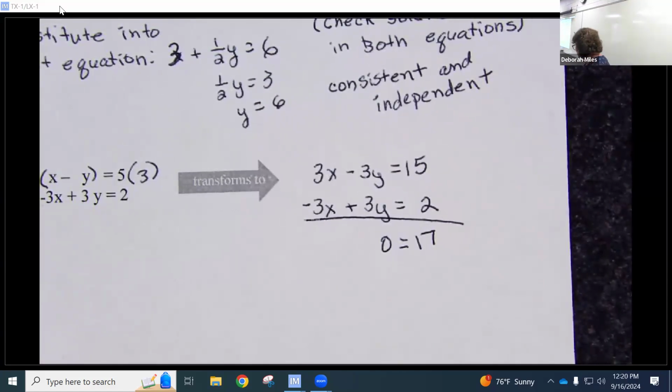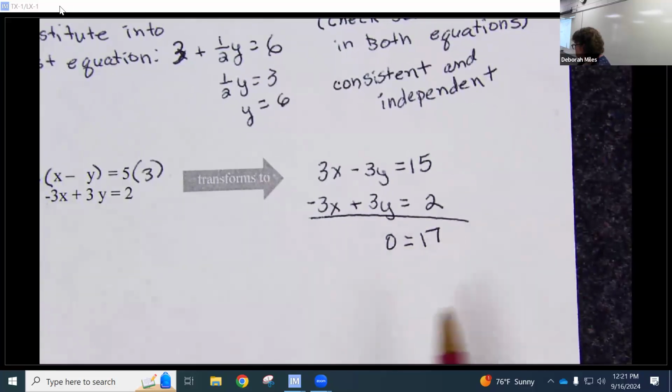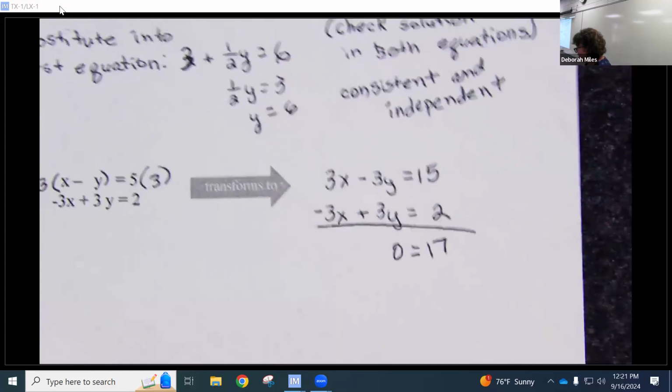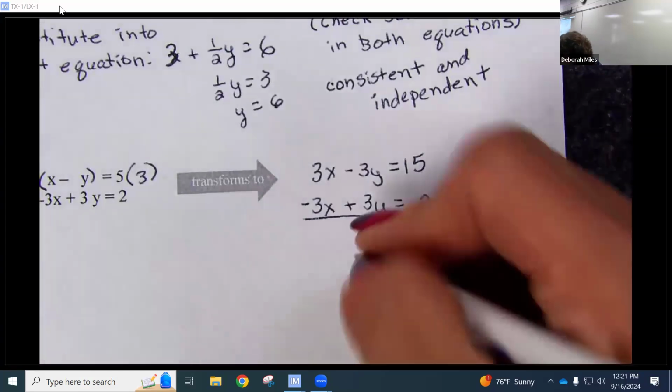And on what planet does 0 equal 17? Not Earth. Maybe dwarf planet Pluto, but we don't know. We're only solving equations on Earth. So what are we going to say about number of solutions here? There's no ordered pair that makes 0 equal 17. There's no solution.